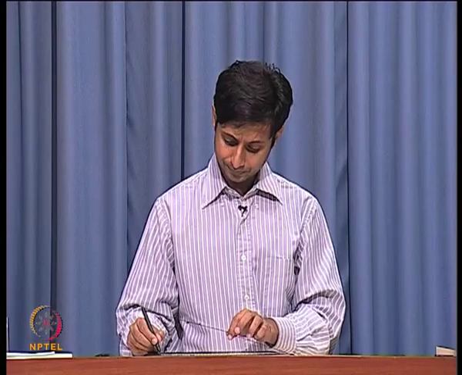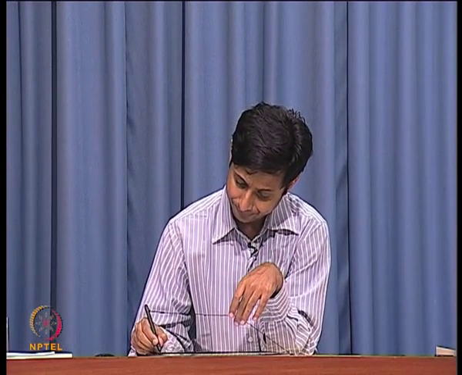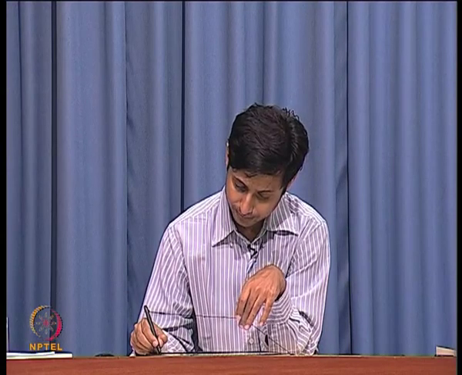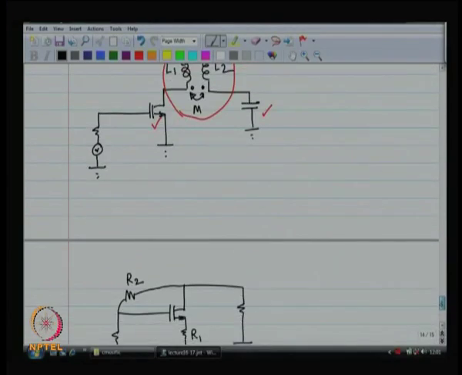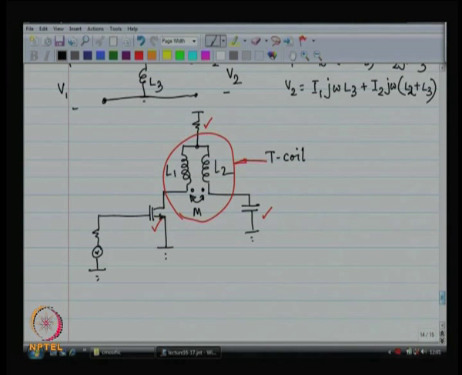So, one inductor on top of the other is preferred when you want a mutually coupled pair of inductors. So, that is significantly low in terms of area penalty, and you get the same net result. So, that is called a T-coil.